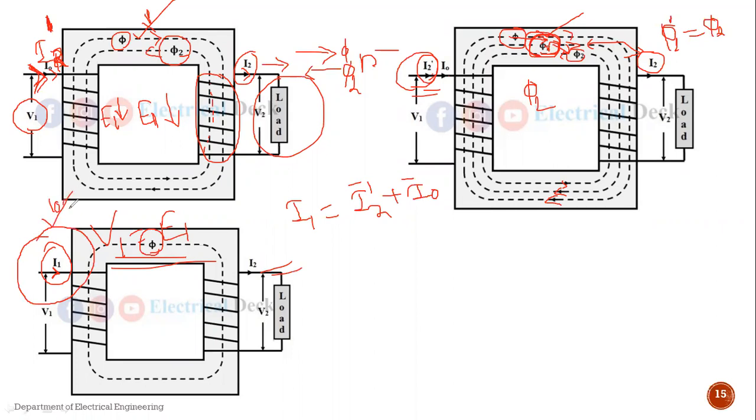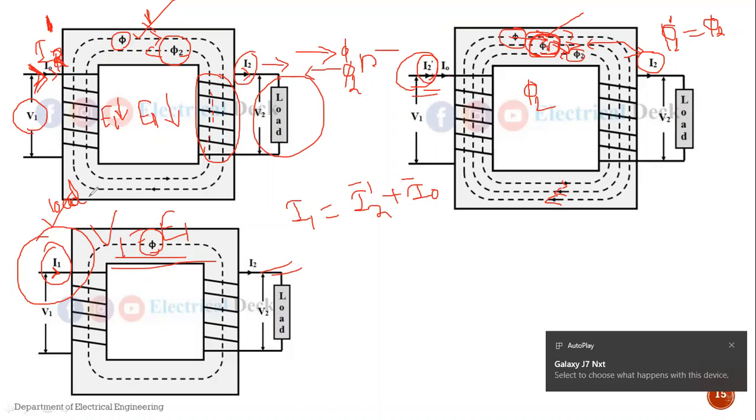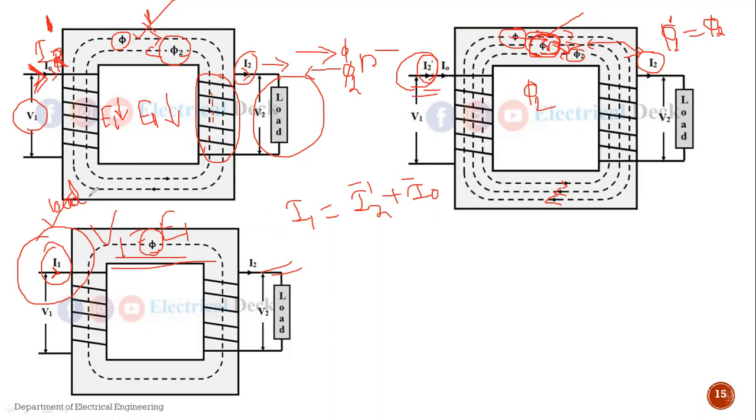Load condition ला transformer ने घेतलेला current जो आहे, that is the primary current taken from the supply at load condition. It is nothing but I1, and I1 is the vector sum of current I2 dash plus no load primary current I0.